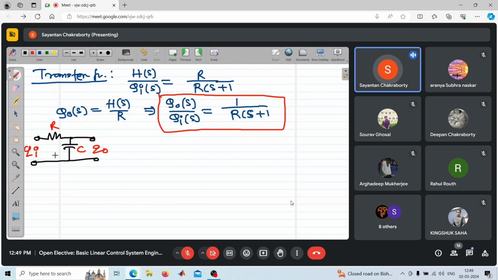RC is the time constant of the system, and it depicts how much time it will take for the outlet flow rate to reach the steady state.